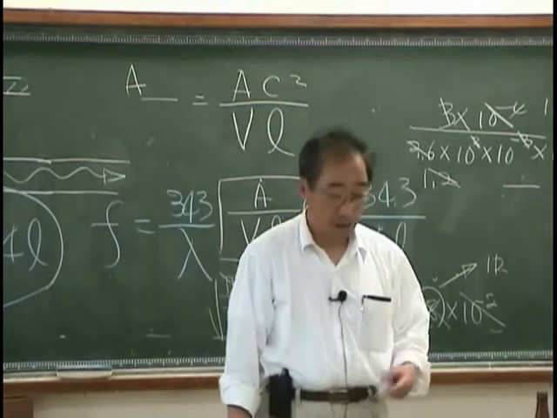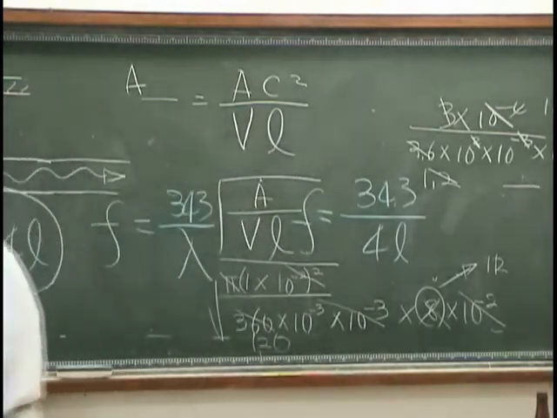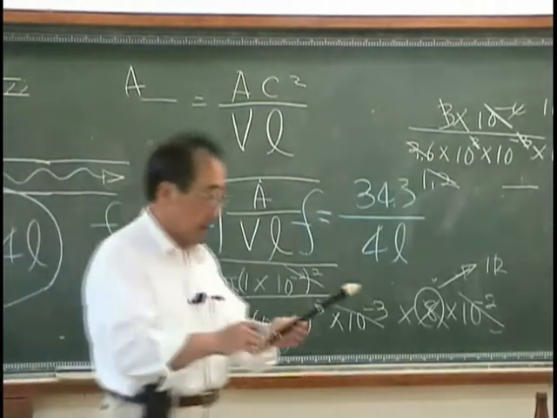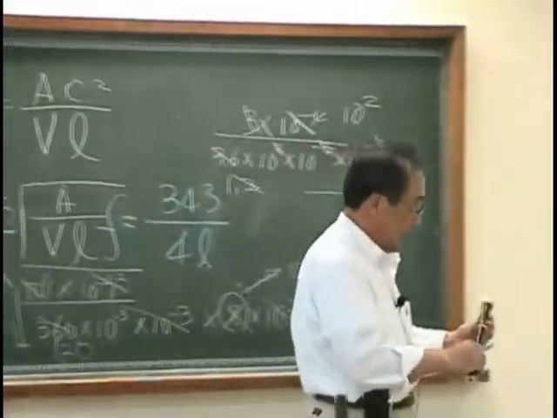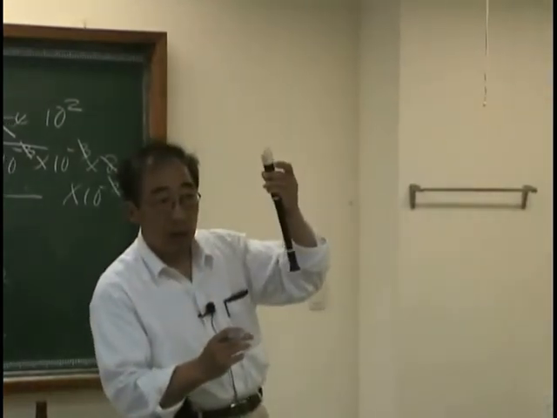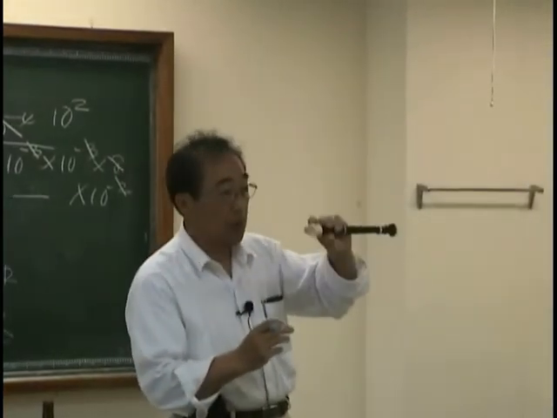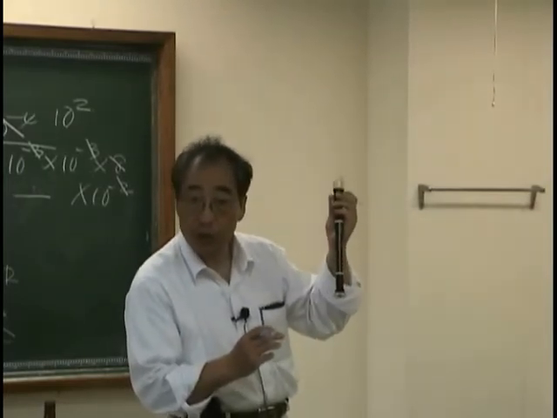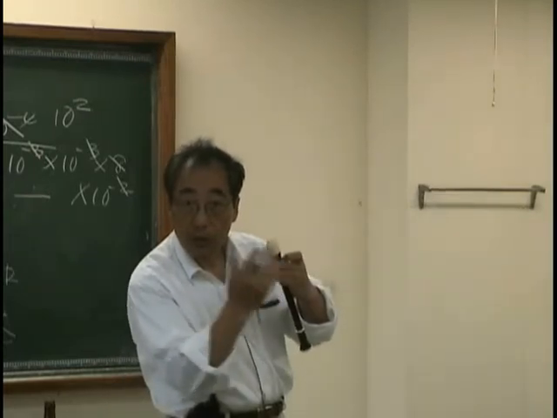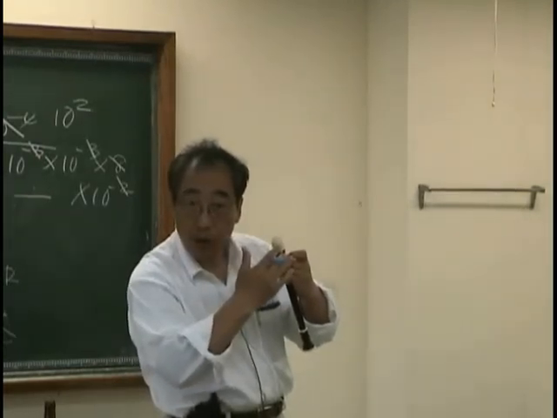Again, for musical instruments, when I blow this, you can see that there is a hole. The boundary condition of the hole over here is approximately pressure release. The pressure over here should be same as the ambient pressure.